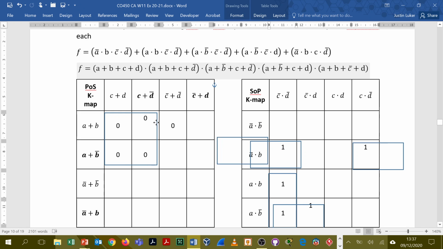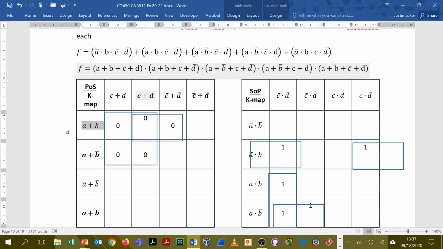I would make it into a group of 2. So it's like that. So a group of 2 and a group of 4 would be what we would get in the POS.